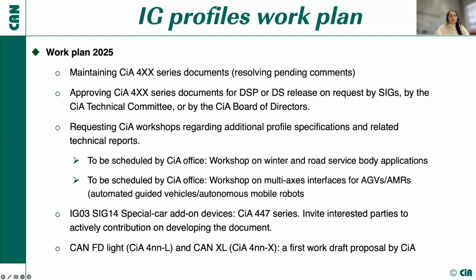And if you are interested, you can contact the CiA office. The other work plan for interest group profiles is to initiate the special profile mapping for CAN FD Light and also CAN XL, where the first working draft will be proposed by CiA.